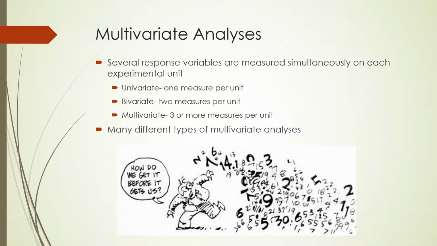In aquatic environments, it might be the length and depth of pools, water temperature, other kinds of water quality measures, and so on. And we often feel like there's a number of different factors that could be influencing species. So we measure as many of those that we think are important as possible. And then there's a variety of different ways when you collect all this information that it can be analyzed.